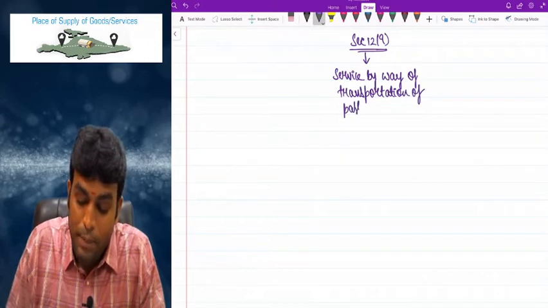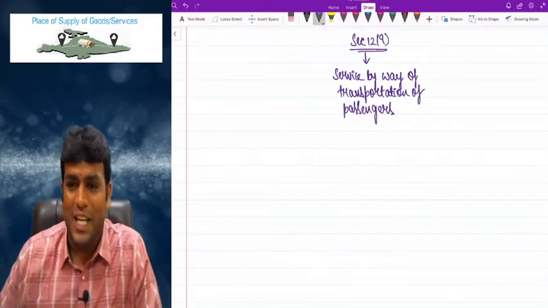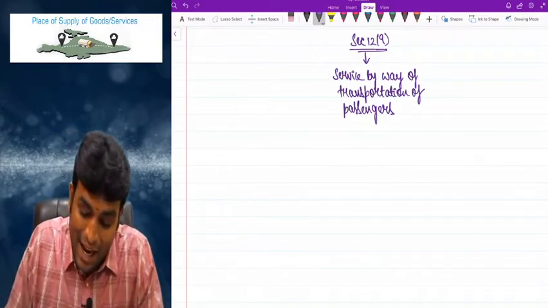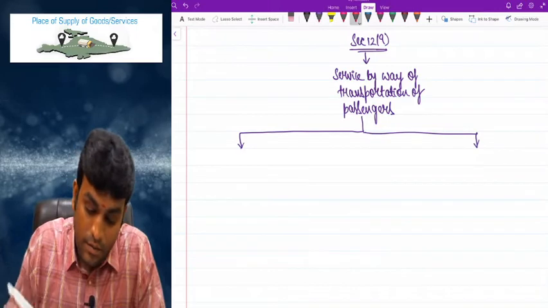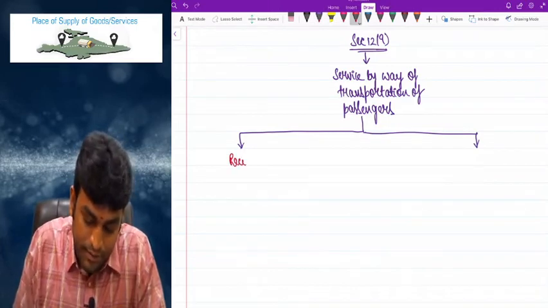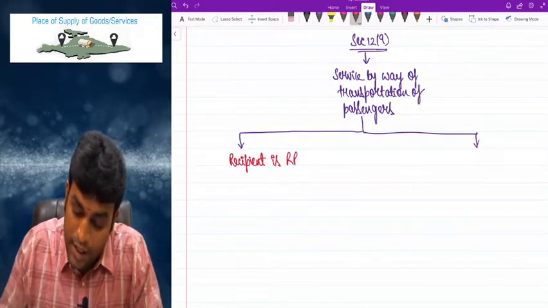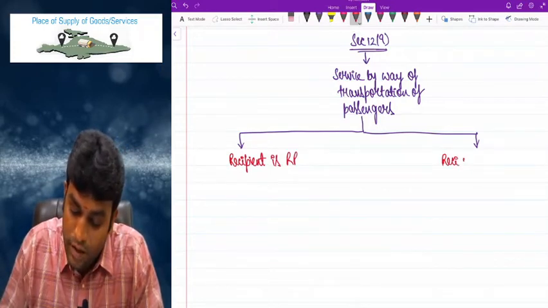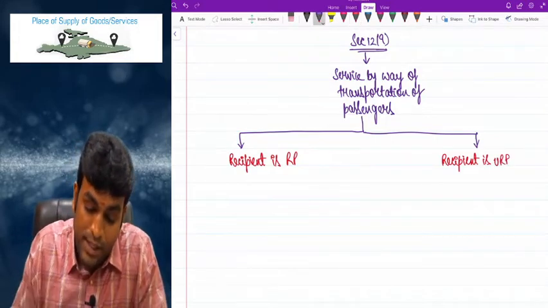Simple but very powerful. Service by way of what? Transportation of passengers. And here the law is again divided into two parts: recipient is a registered person and recipient is unregistered person.